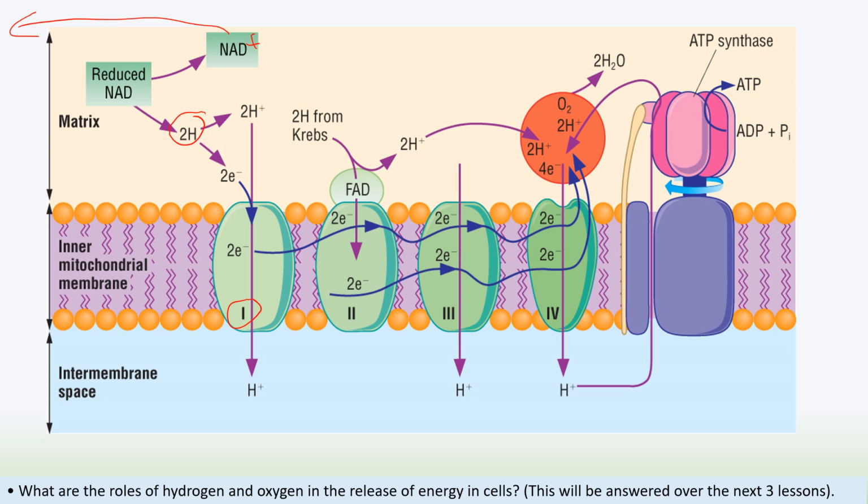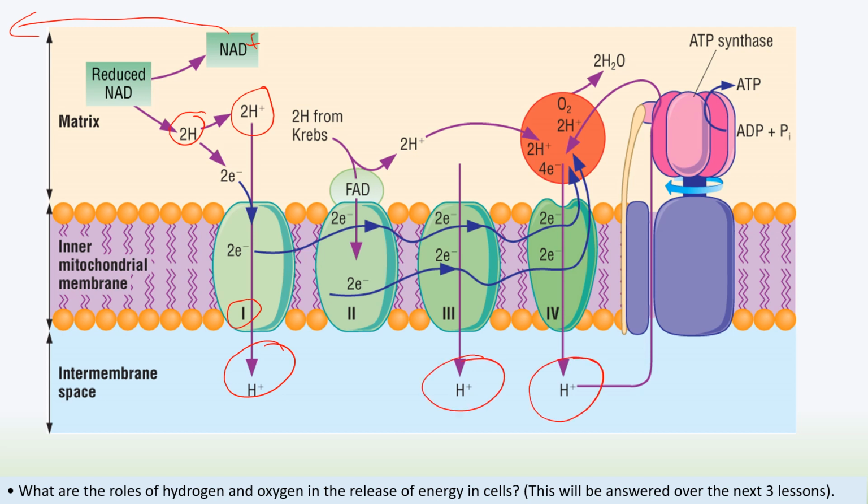The electrons, just like in photosynthesis, are then carried through electron carriers. As they go through electron carriers, they lose energy, and that energy is used to pump hydrogens from the matrix of the mitochondria into the inner mitochondrial space.